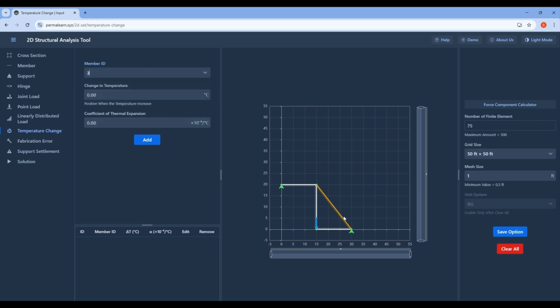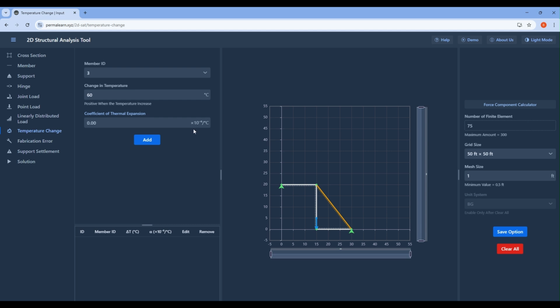So for this inclined member, if it is increased, we plug in the positive, and if it is decreased, we plug in the negative. So it is increased 60 Fahrenheit or 60 Celsius, and the coefficient is the same as the temperature. If it is given as Fahrenheit, we just put that number.